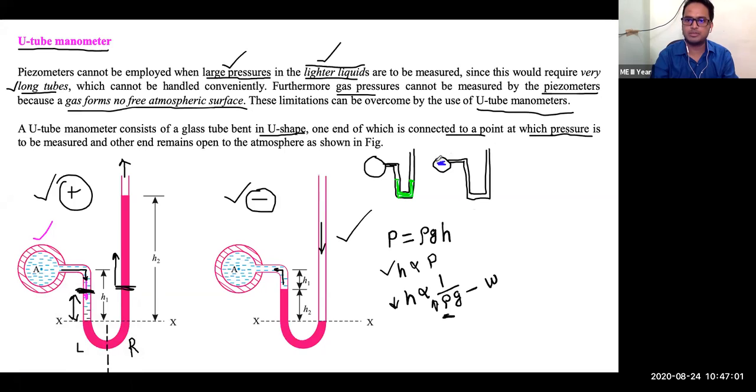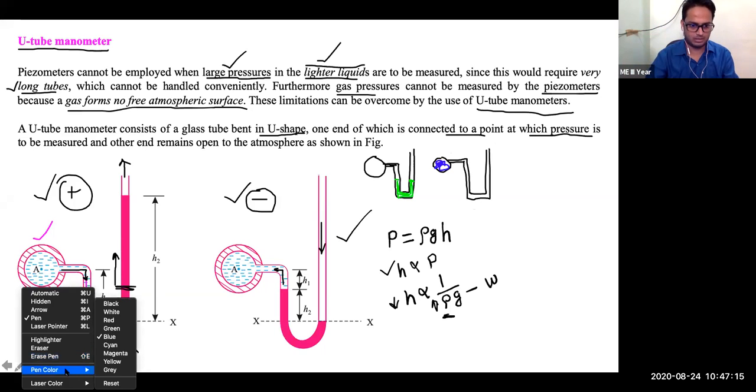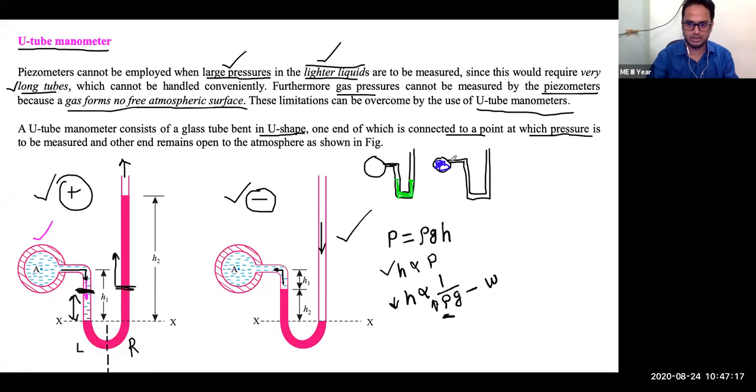Now suppose some liquid starts flowing in it. Suppose in your house you have a water pump, and you have switched on the water pump. So water is now flowing through the pipe. What will happen? Again I'm going to use the green color. When you had not switched on your pump, this area is filled with mercury.